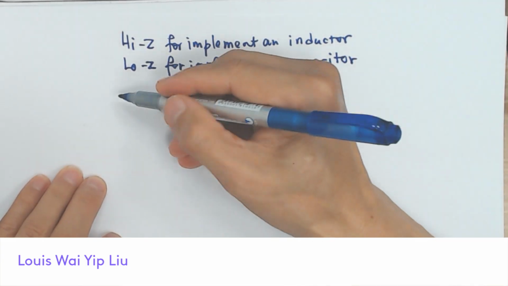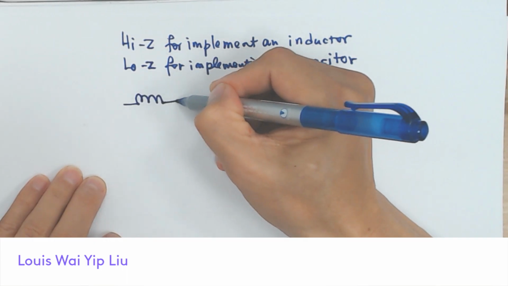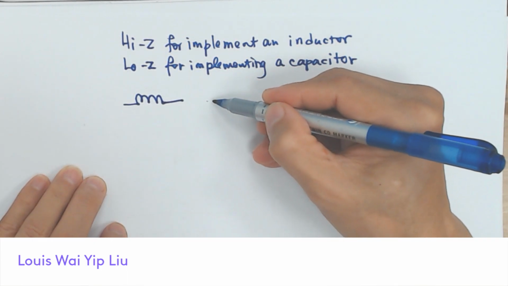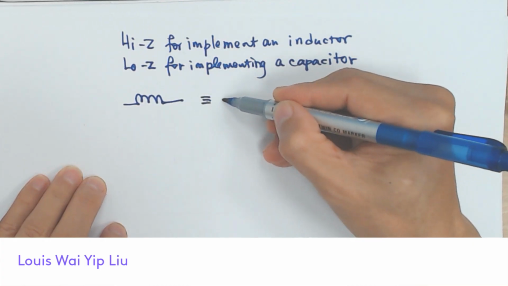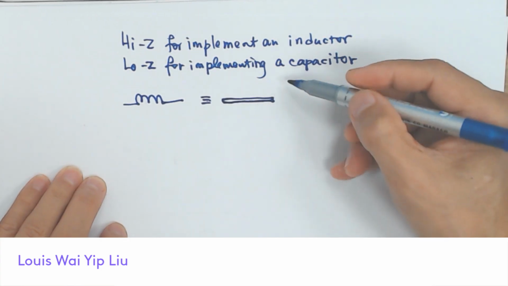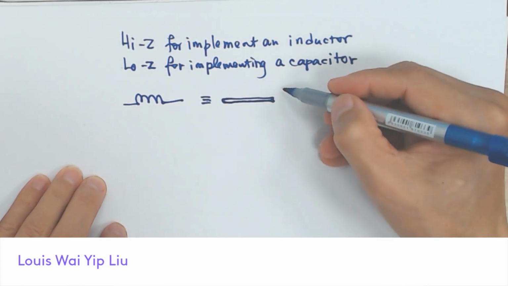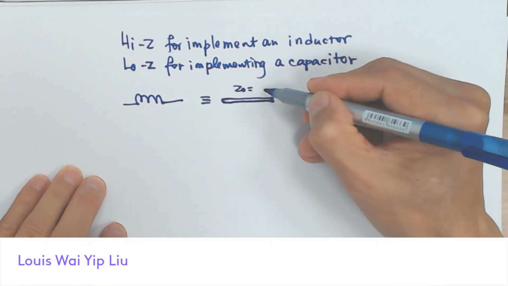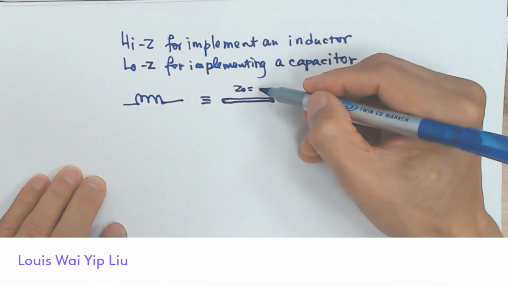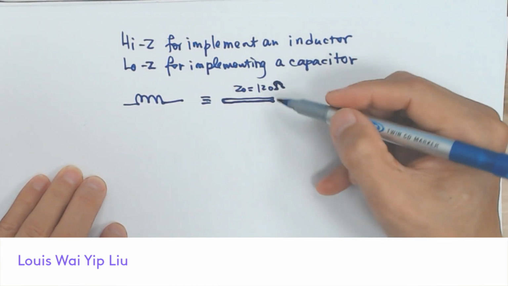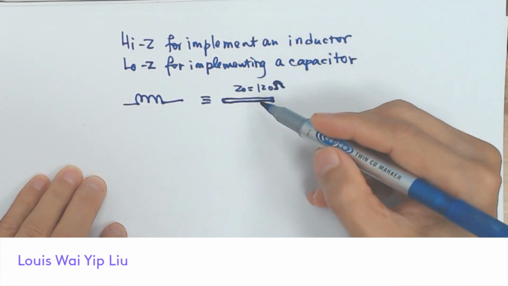So in an inductor, we are going to use a thin transmission line. The characteristic impedance of this transmission line is, say, 120 ohm. It is a user-defined value.